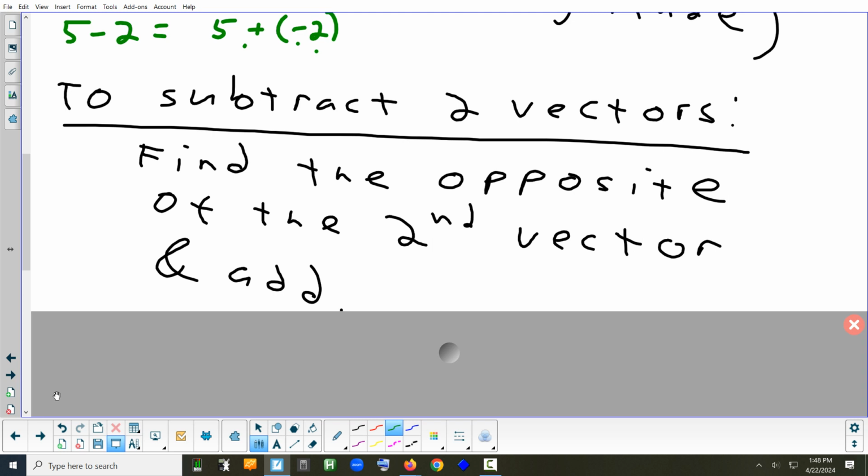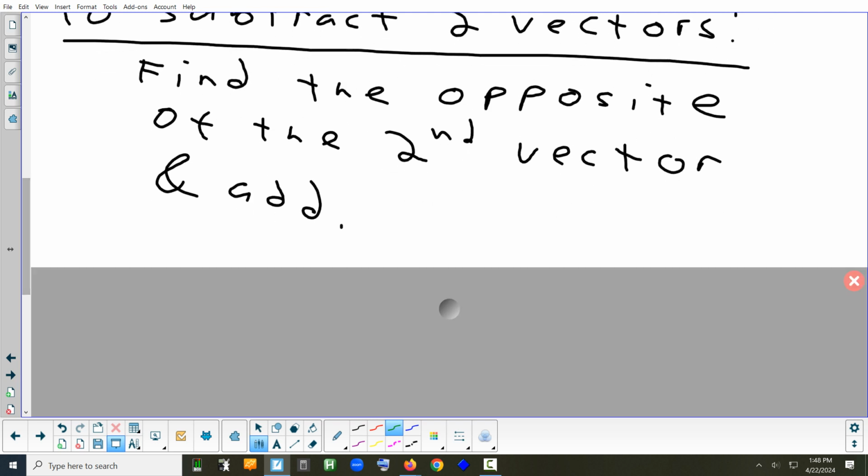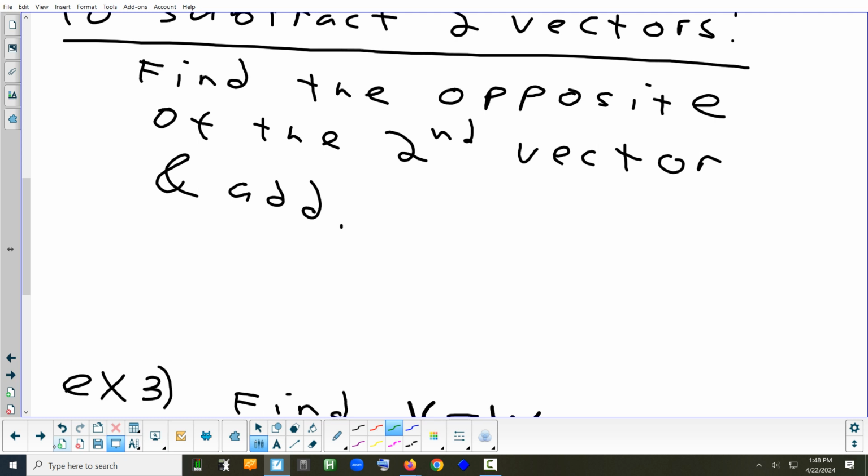So find the opposite of the second vector, make it point the other way, and then add it just like you normally would. All right, so we're going to try subtracting two vectors in a second.